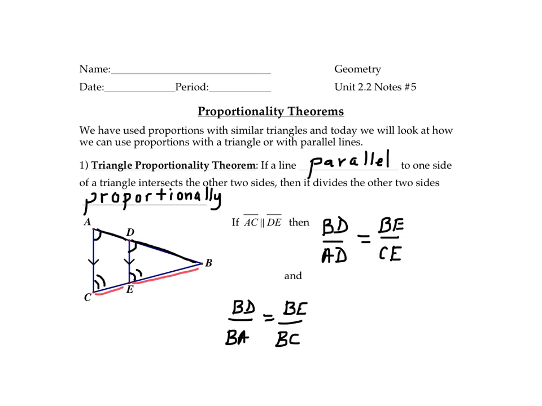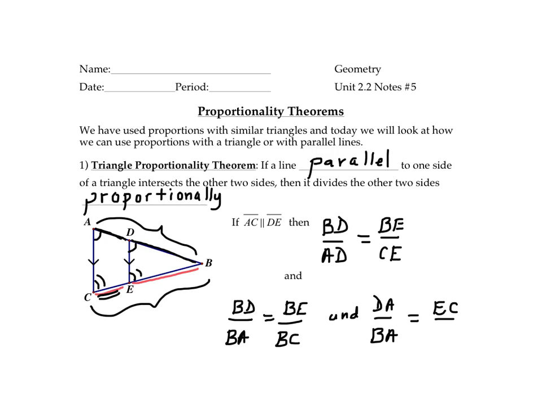We can also say, in a slightly different way, that line segment DA, that little piece in this triangle, over BA, the whole side of the triangle, would be equal to CE, this little piece, or we can call it EC, over this whole side.